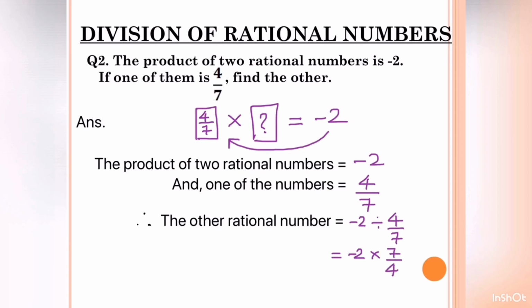Let's cancel the common factors. 2 and 4 have 2 as common factor. Let's cancel it. 2 times 1 gives 2. 2 times 2 gives 4. This expression is equal to, in the numerator we have minus 1 times 7, which is minus 7, by, in the denominator we have 2. Minus 7 by 2 is the other rational number.